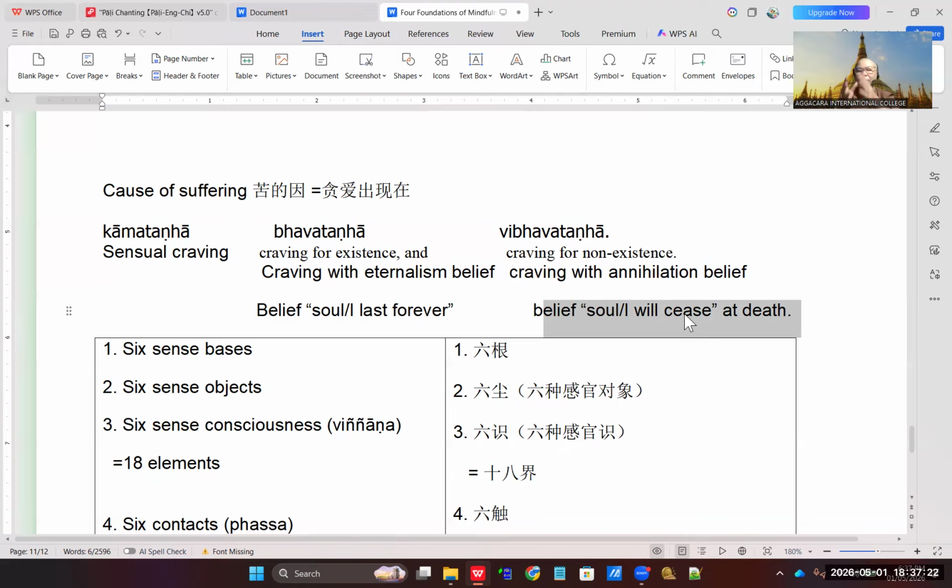So it's the belief that at the moment you pass away, this soul or I ceases forever. So this is called craving for non-existence, or craving with the annihilation belief. I think most people have either bhava tanha or vibhava tanha. I think most people will like this, because they believe that even when they pass away, they unite with God.